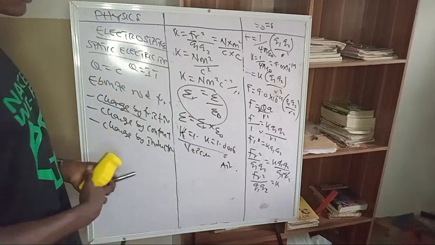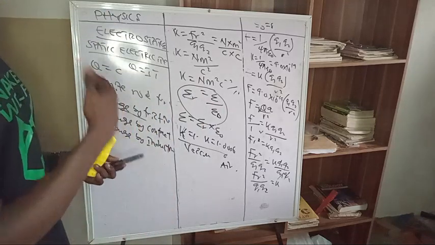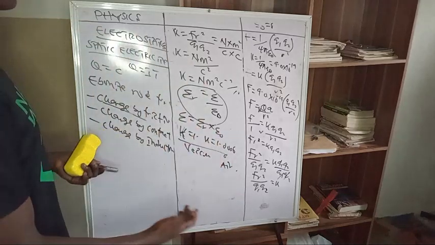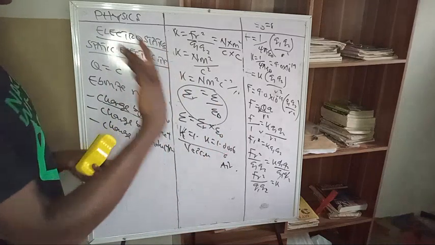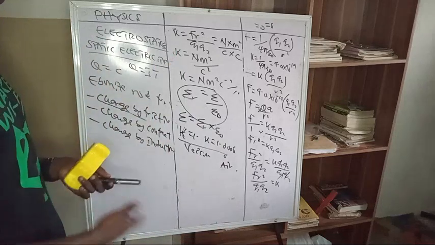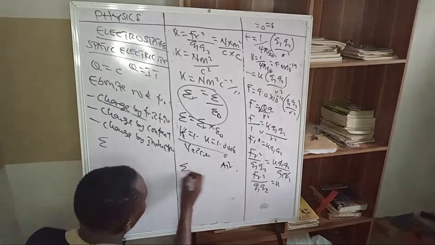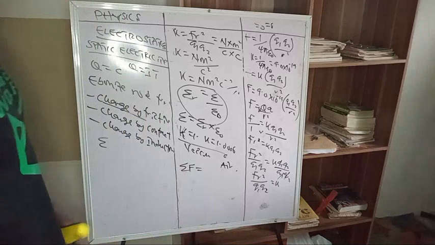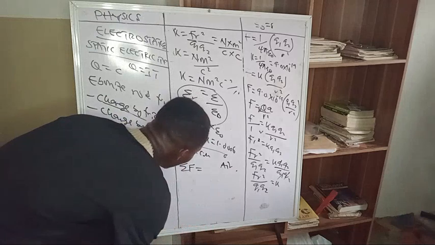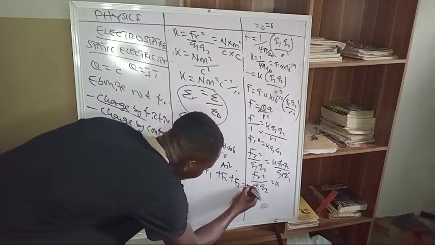So we can say superposition of forces in electrostatics states that the total or the net charge is the algebraic sum of the individual charges, or in terms of force, the total or net force is the algebraic sum of the individual forces. So we are going to have summation of F in the superposition principle. So we have F1 plus F2 plus F3, then to F infinity.